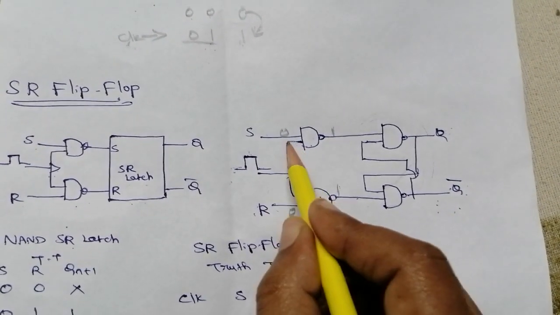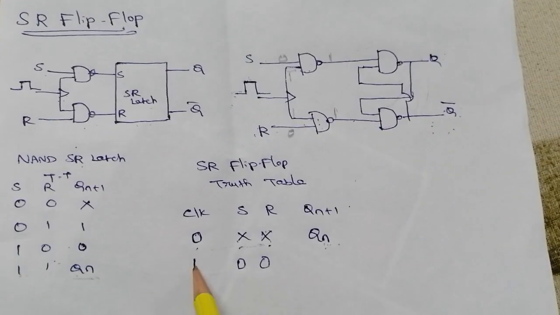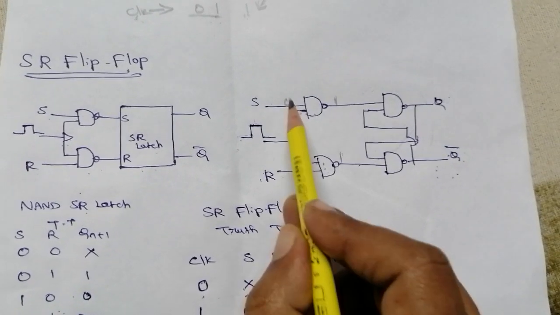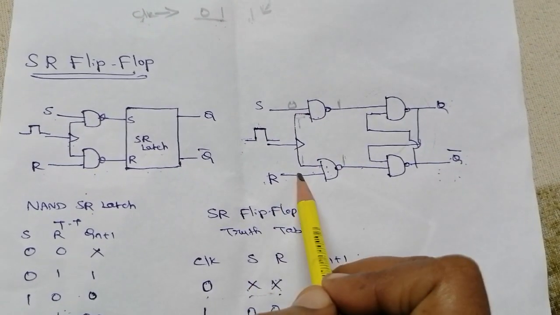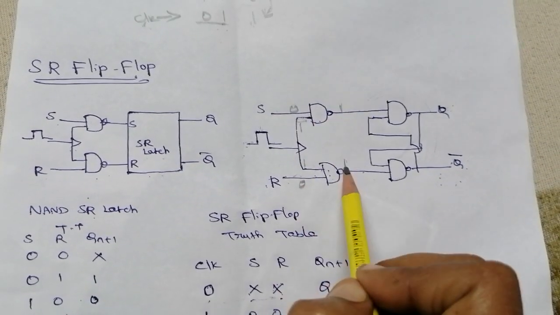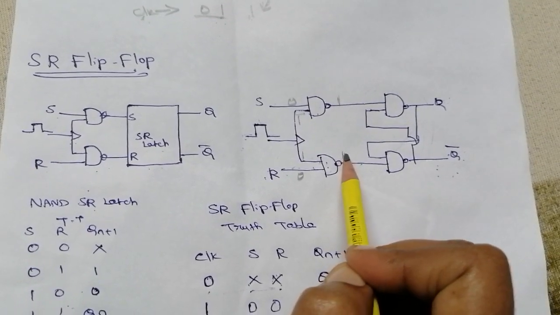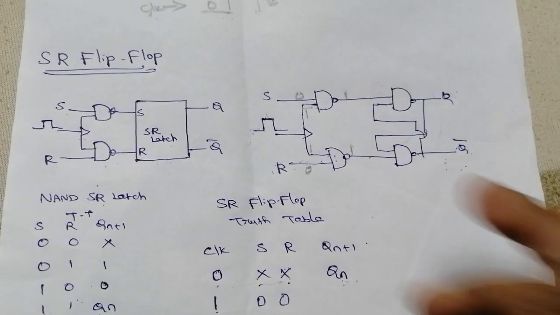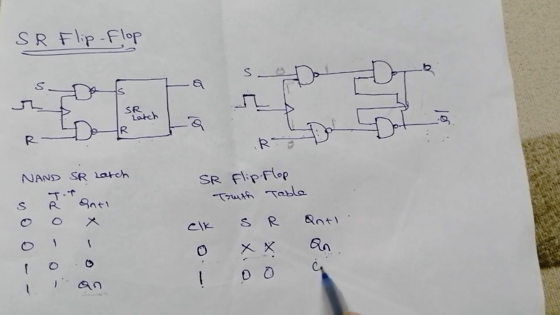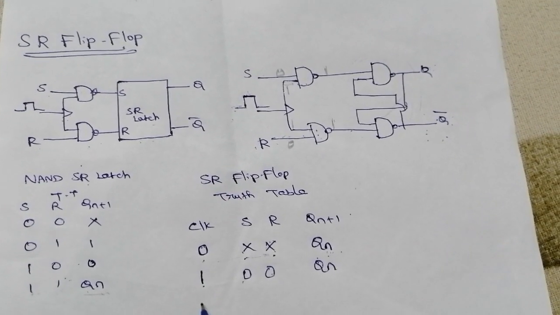Then what about the second input of both gates? 1 1, because the clock signal is high. So the clock inputs are both 1, but the other inputs of both gates are 0 0. So 0 0 means the NAND outputs are again 1 1. We know the NAND SR latch truth table: the 1 1 combination provides the next state as the previous state. So in this combination also the next state will be the previous state, Qn.